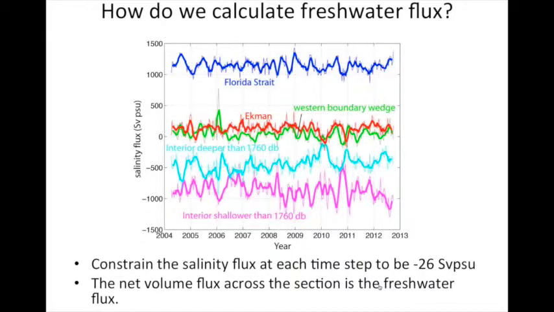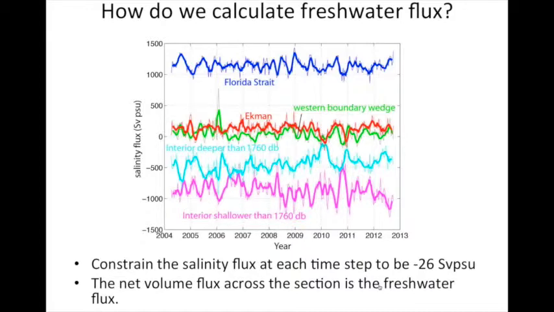So an 8.5-year time series. The thin lines are the every 10-day lines, and the heavier lines are just a smoothing to help the eye, basically. We have a Florida Strait component, which is large and positive. It's about 30 Sverdrups times about 36 PSU. So that's the transport weighted salinity in the Florida Strait.